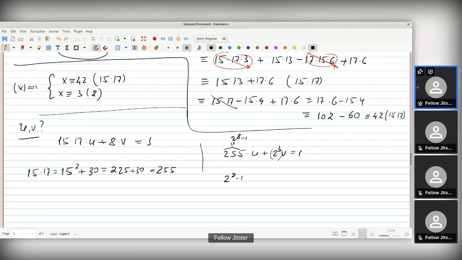What is the partial quotient here? It's 16, yeah? You can easily do it. So what do we have?